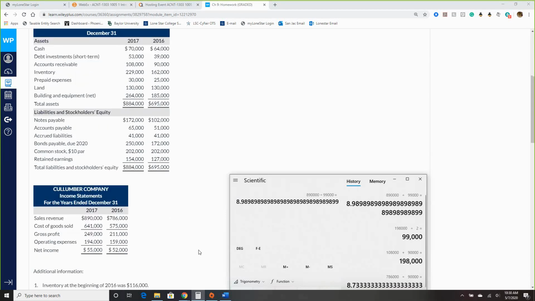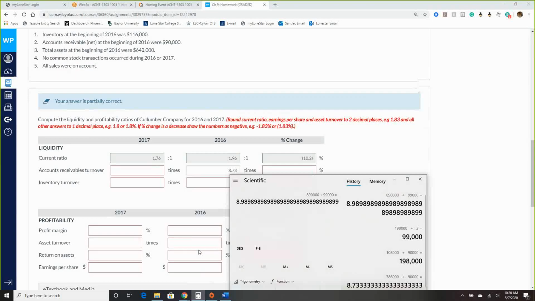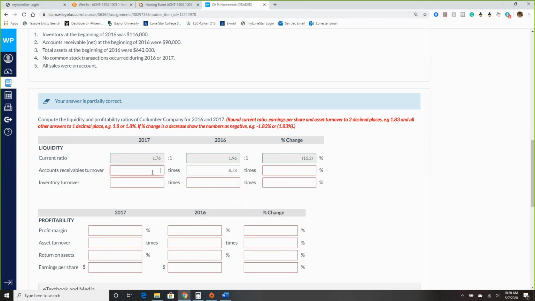So this ends up being 8. Ooh, I didn't round it, only round to 1. Again, keep an eye on these. So only need to round to 1, ends up becoming 9. This one will just be 8.7. Okay.